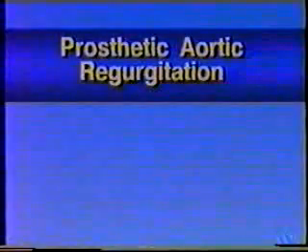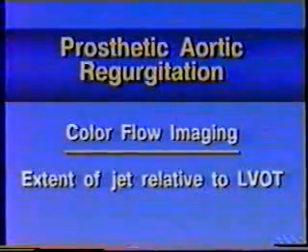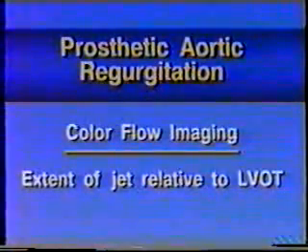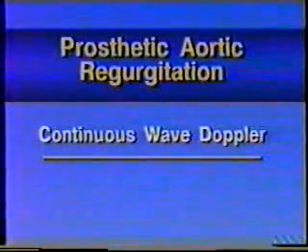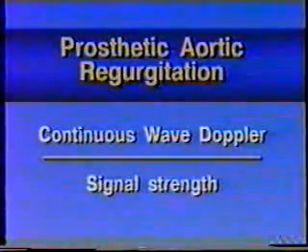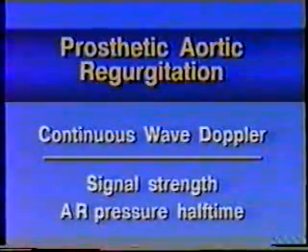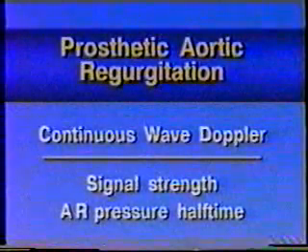As with native aortic regurgitation, complete assessment of the regurgitant aortic prosthesis requires an integrated approach. Color flow imaging allows us to assess the extent of the jet relative to the left ventricular outflow tract. The color flow exam is supplemented by continuous wave Doppler. We pay attention to the signal strength of the regurgitation, and we use CW to measure the aortic regurgitation pressure half-time.